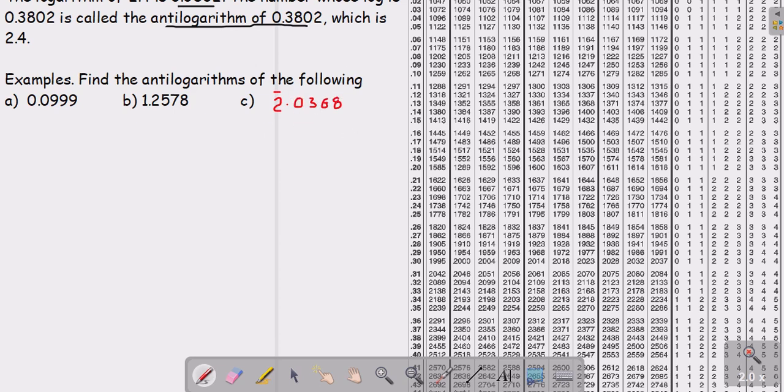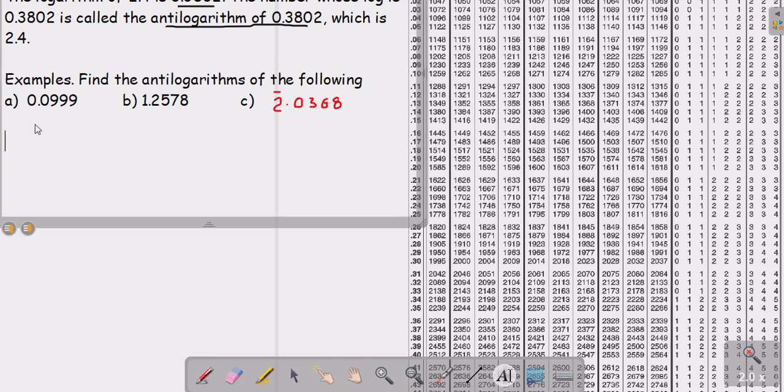So we are going to see these ones, how to get their antilogarithms. So let's begin with the first one. Let me take you to the solutions.